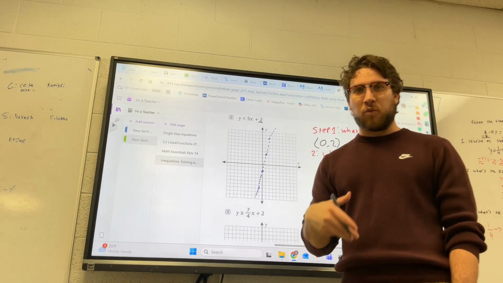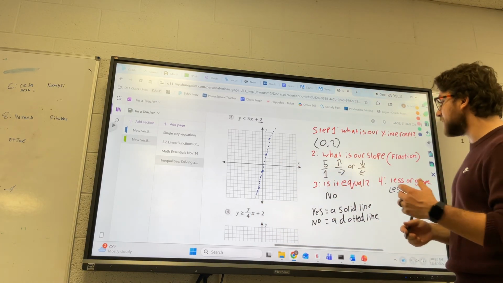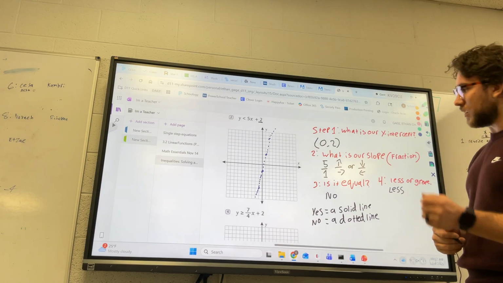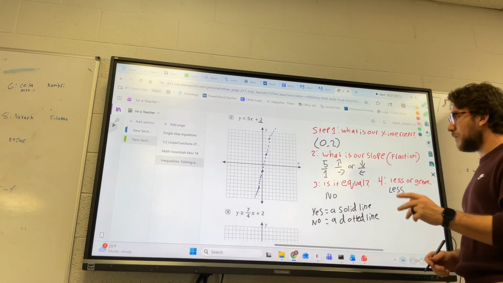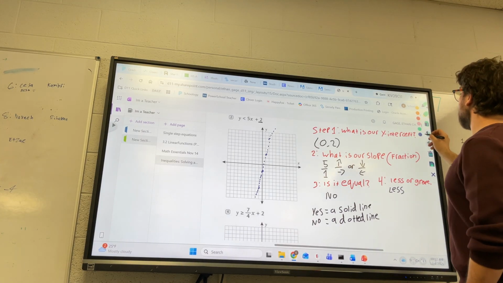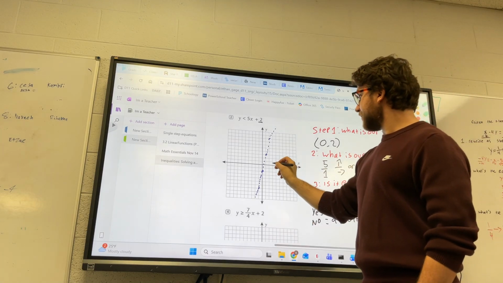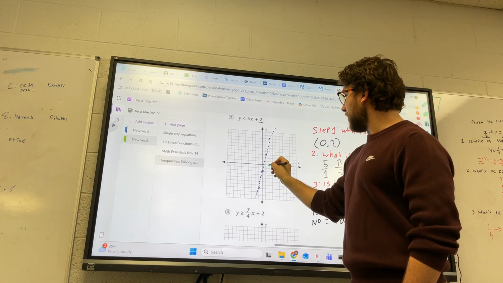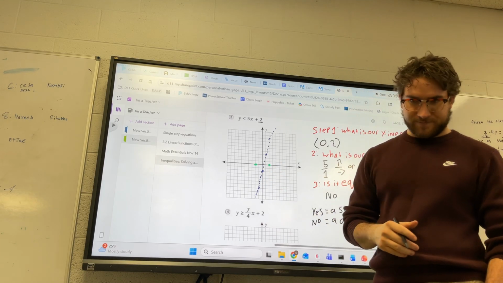So, with inequalities, when we graph it, we have to shade things in. And we need to see what we're going to shade in. And we can test it with a point. We can use 2 points, actually. I want to know about this point and this point.